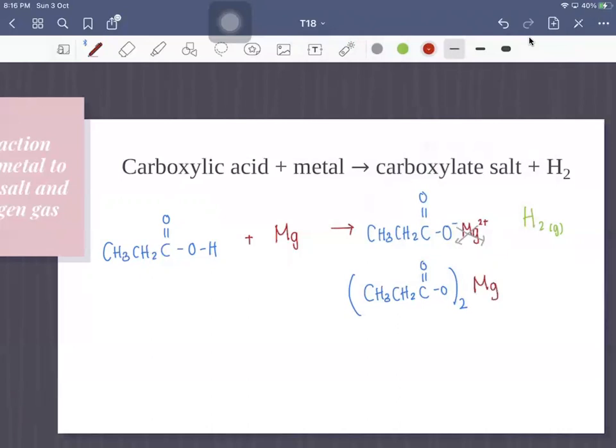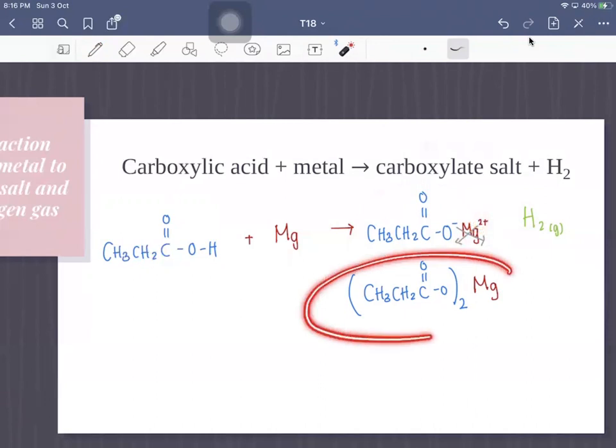So that means you have 2 units of the propanoate ion. Since it has a charge of -1, you need 2 of them to cancel out the charge 2+ from magnesium. Once you have done this, you don't need to write down the charges anymore.